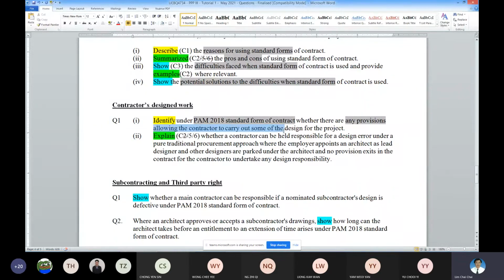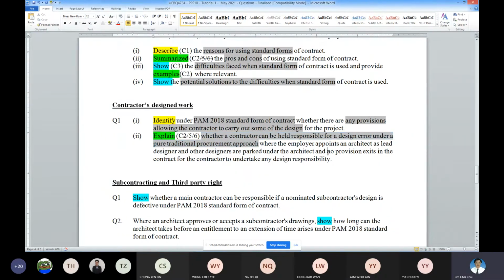So you have to look into the issue of whether the PAM form has such provision or not. So you have to study the PAM form. 1.2, what is the issue? So now it is whether the contractor can be held responsible for design error under the traditional approach. This is the issue.